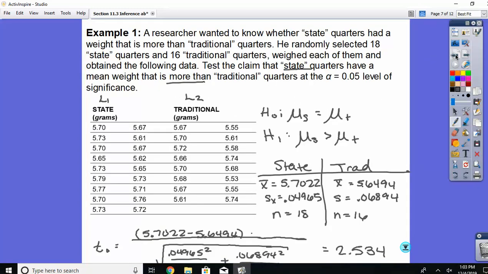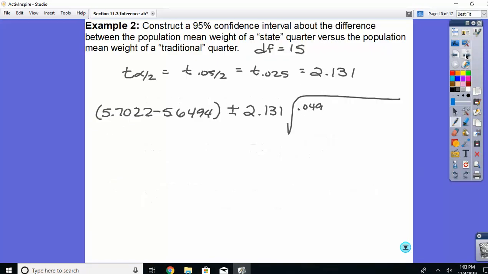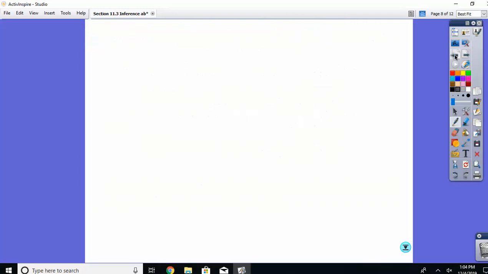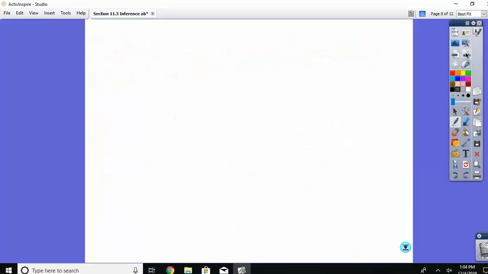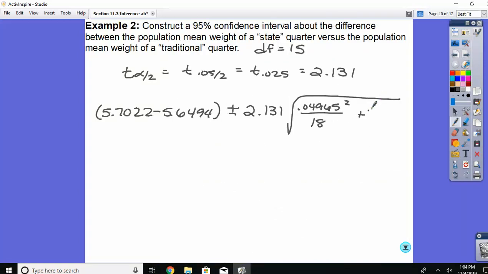I get 6.5 is what I have. And that one was 18, plus this one was 0.06894.